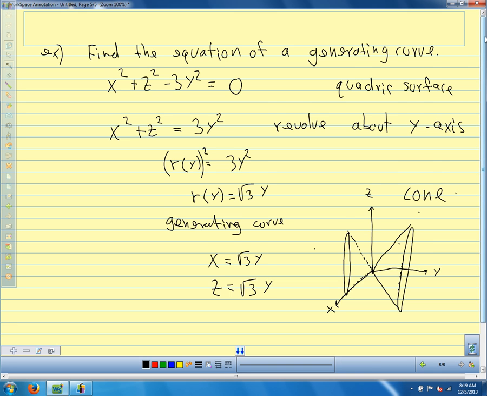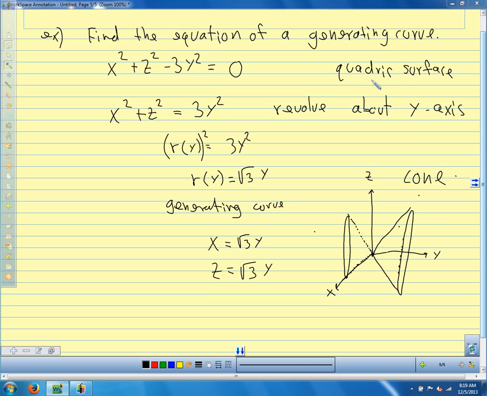We could also think of this as a quadric surface. To get a cone out of the quadric surface, in the YZ plane I let x equal 0. So the equation in the YZ plane is z equals plus or minus square root of 3 times y.